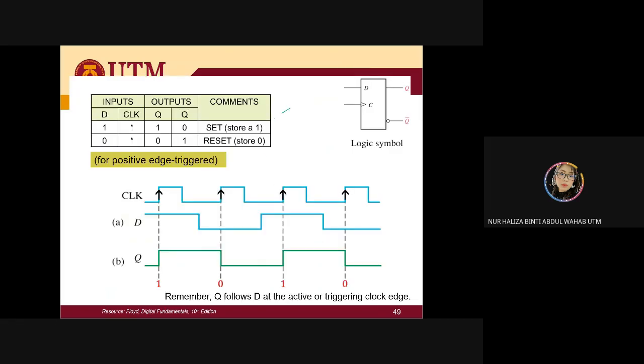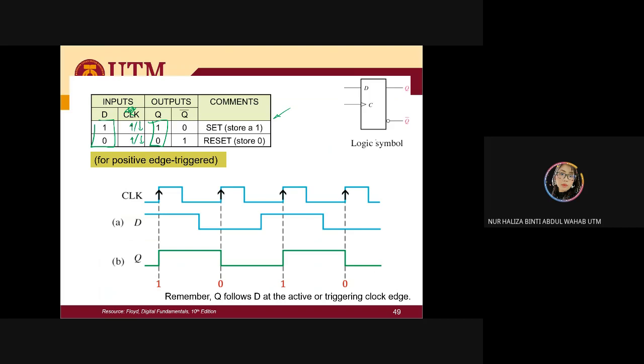This is the table, similar to the table you can see with your latch, only EN now changes to the clock. If you have positive clock, everything must be positive clock. If you have negative clock, it must be negative clock.